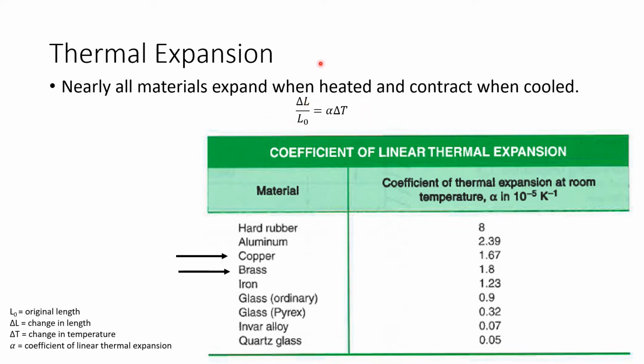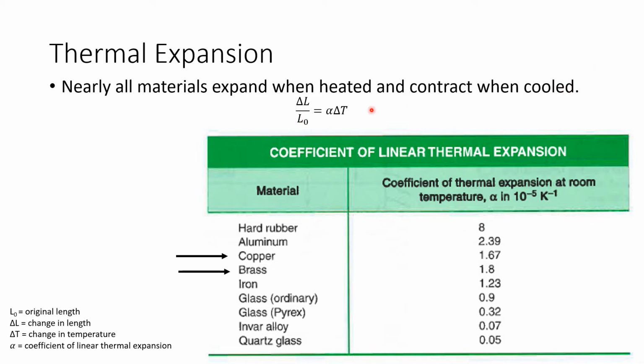So every time you look at the equation, you don't have to remember anything. You just need to understand what's going on and be able to write that with some symbols, because writing like this is more compact. Saying nearly all materials expand when heated and contract when cooled is bulky and not very precise.